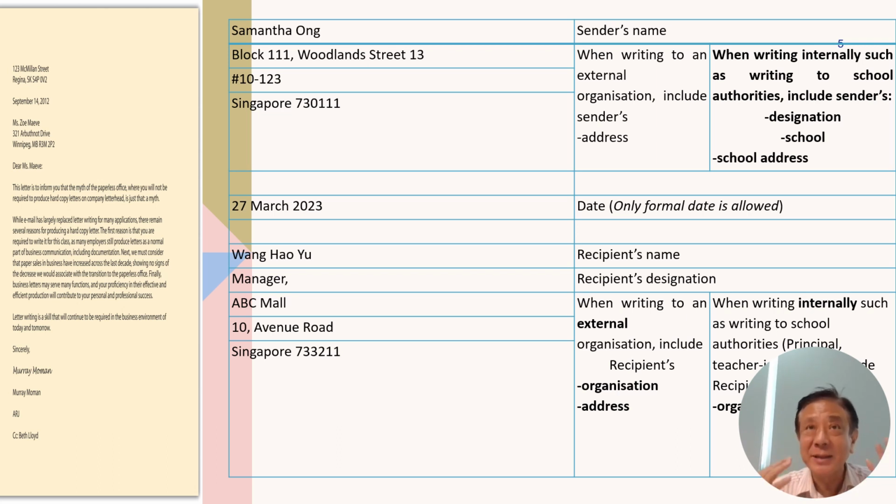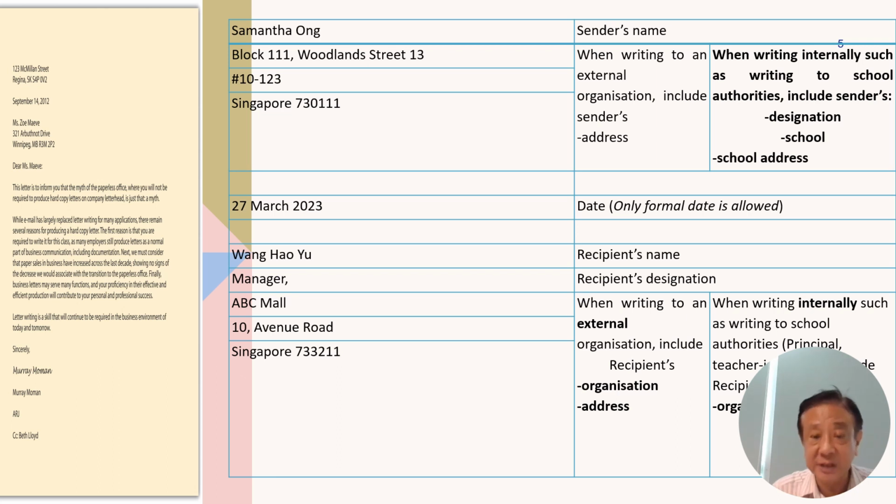Okay, so let's look at writing a formal letter to an external organization, right? So remember type 1 or format 1. Now for this format, usually you start with your name first, all right? Samantha Ong, for example, and then indicate your home address, followed by the date, and then the person you're writing to and destination, and the organization, right?